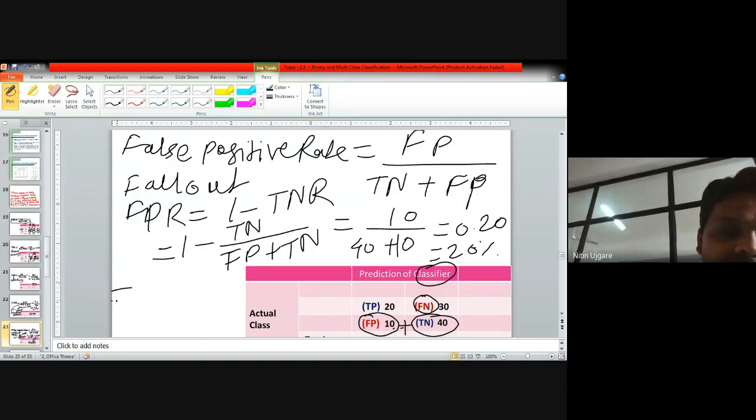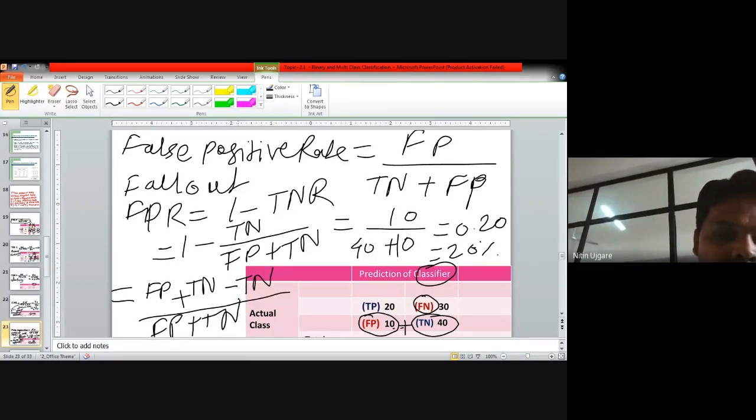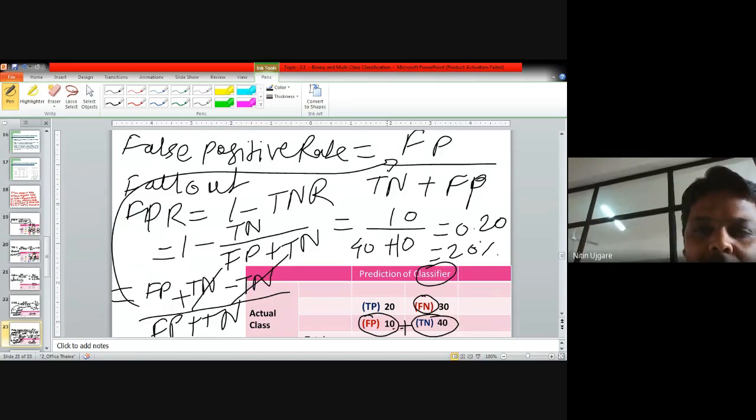So if you solve this, you will get FP plus TN minus TN, divided by FP plus TN. This TN gets cancelled, and the formula that remains is actually the formula of the false positive rate.